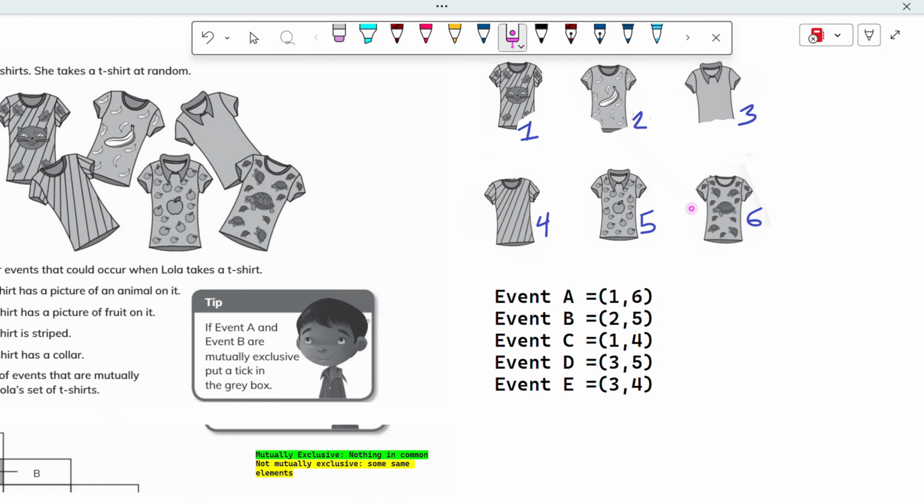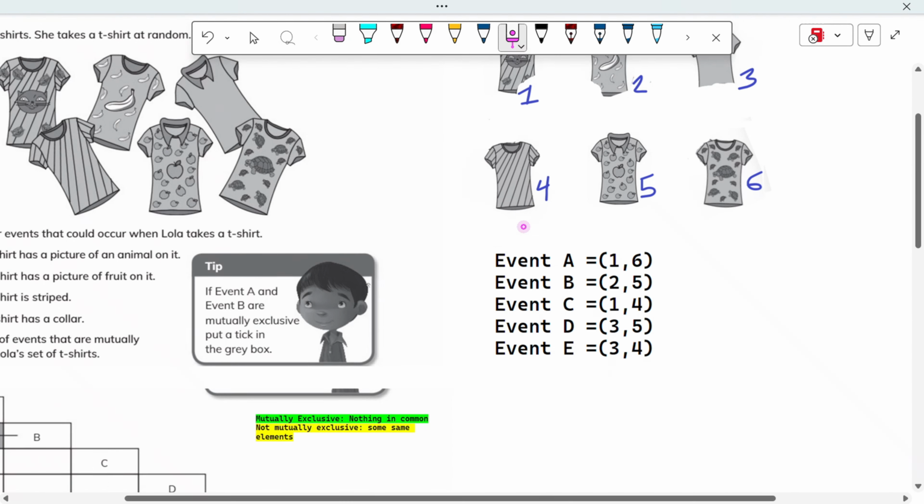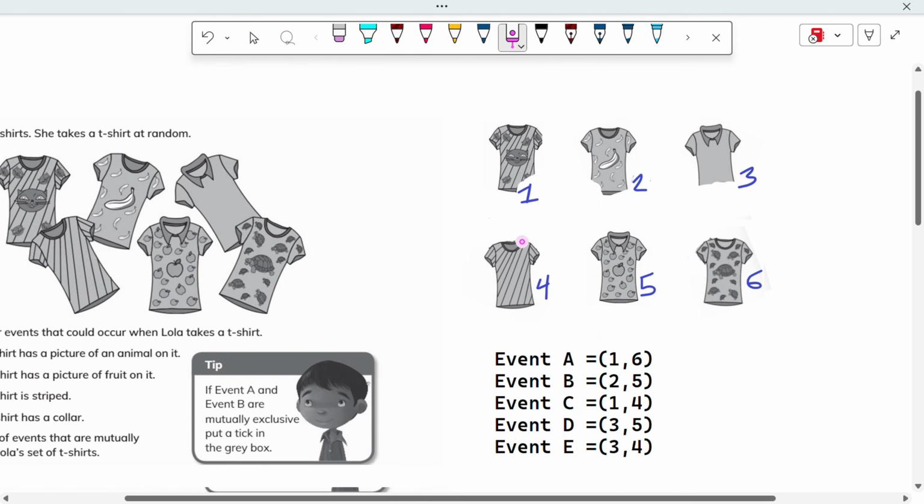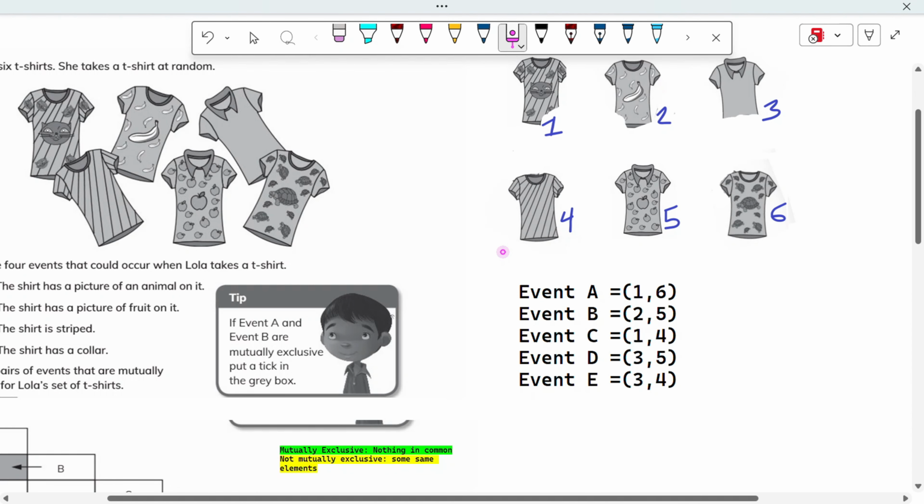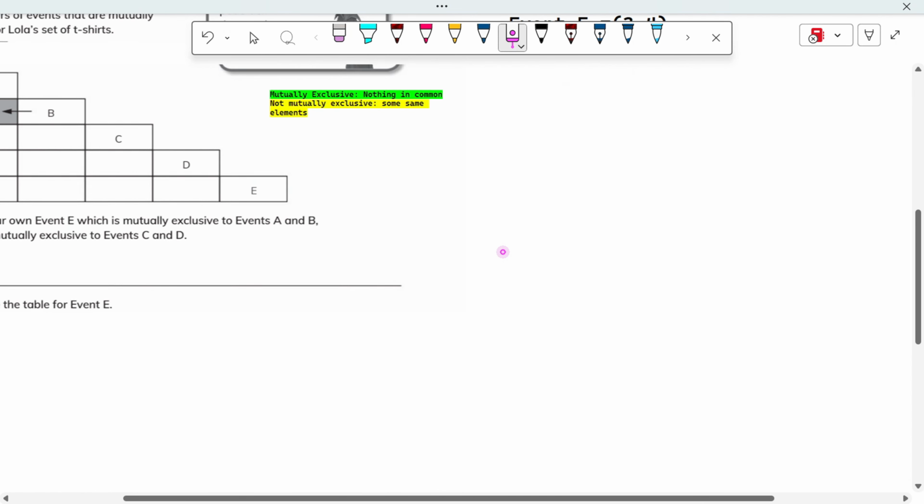Shirts 1, 2, 5 and 6 have pictures on them. The only shirts that don't have any pictures are shirt 3 and 4. So we can say that event E is the shirt has no picture.